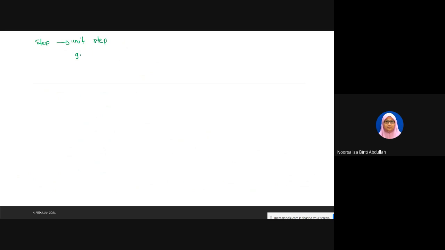This one is g1 plus (g2 minus g1) h(t minus a) plus (g3 minus g2) h(t minus b). If you have 3 functions, it will be like this. If 2 functions, only up to this term. If you have 4, it will be g4 minus g3 h(t minus c) and so on.